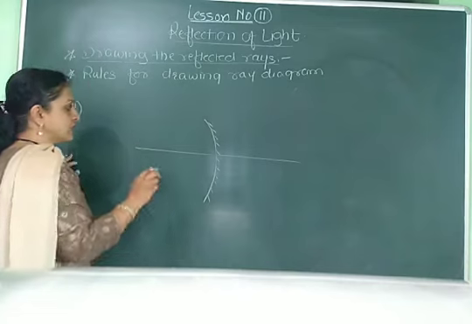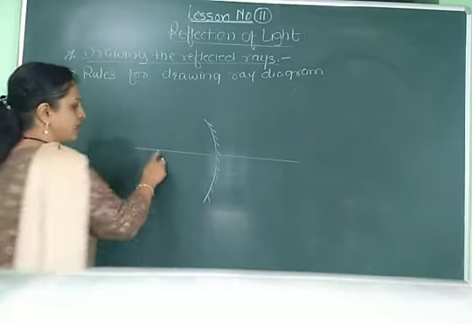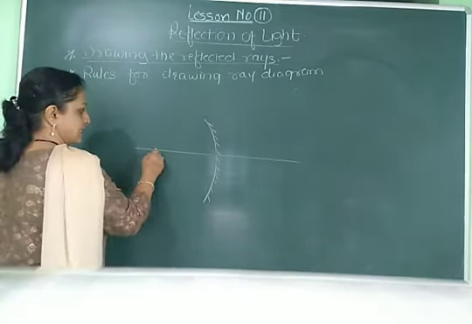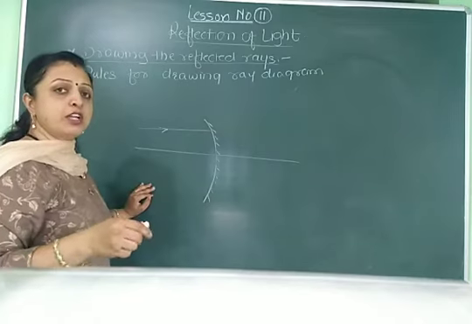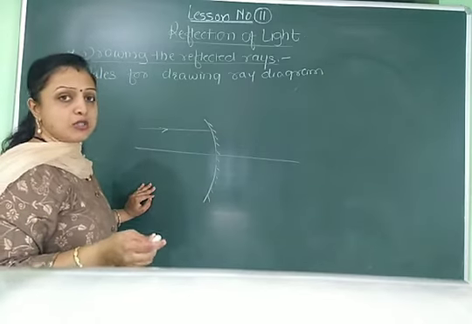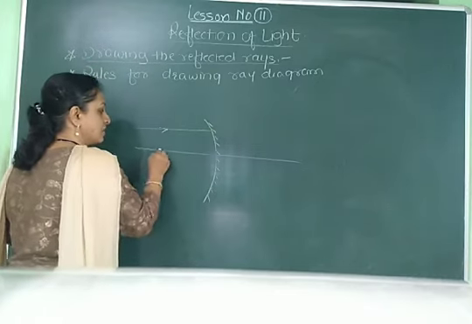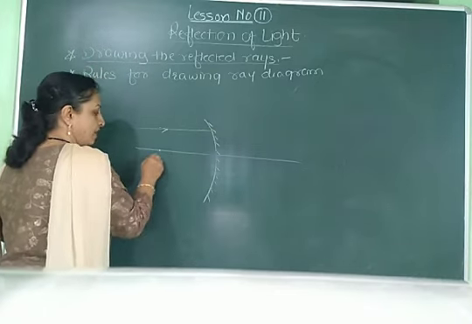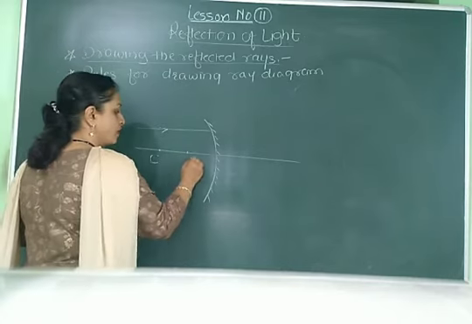The first rule is that if the incident ray is parallel to the principal axis, like this, then after reflection it passes through the principal focus. Suppose this is the center of curvature, then this should be the focus, because the focal length should be half of the radius of curvature.